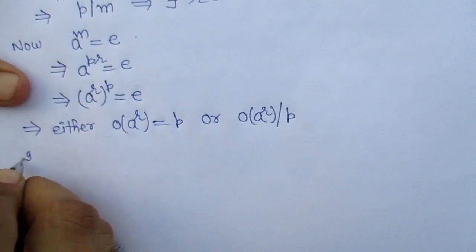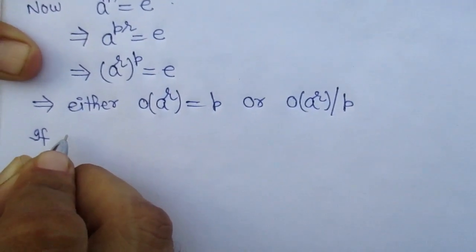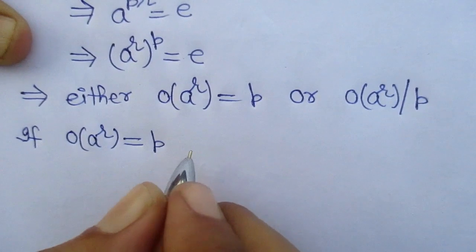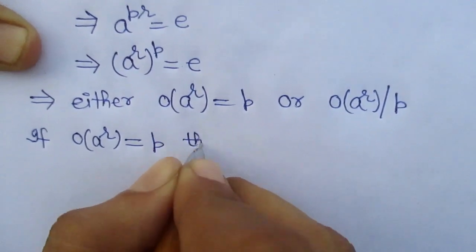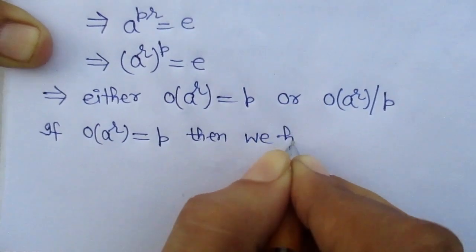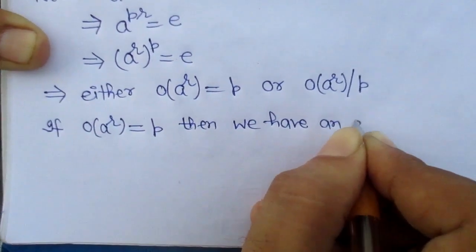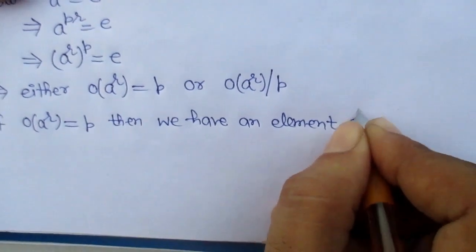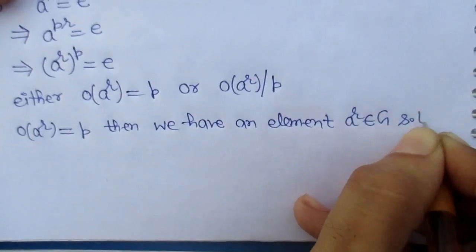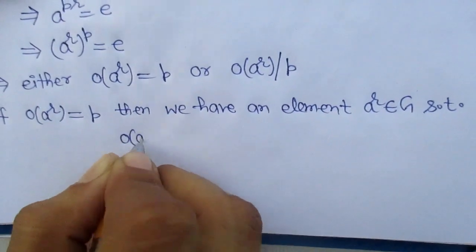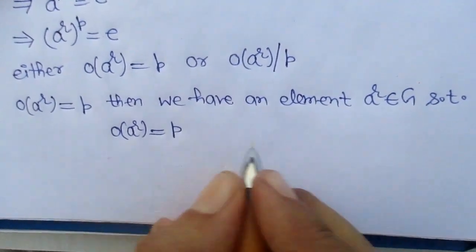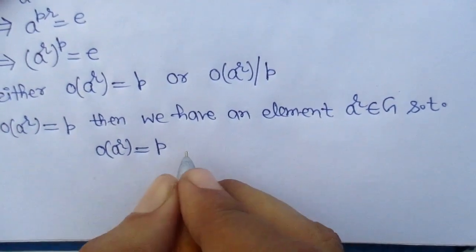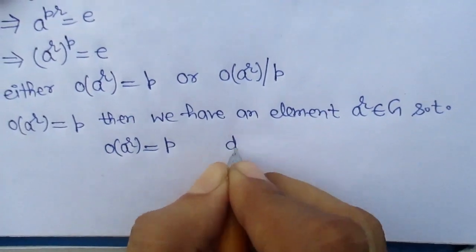If order of a raised to power r is equal to P, then we have an element a raised to power r belonging to G such that order of a raised to power r is equal to P. Hence the result, it means done.